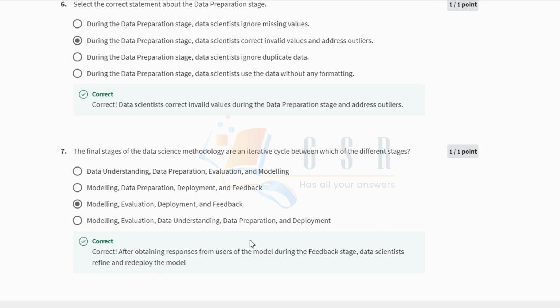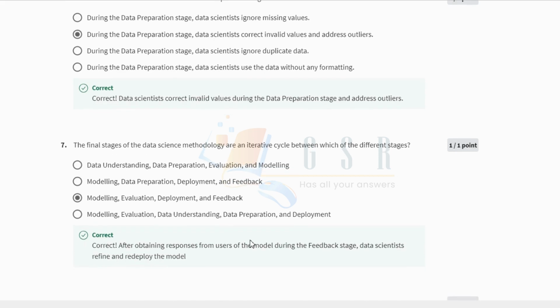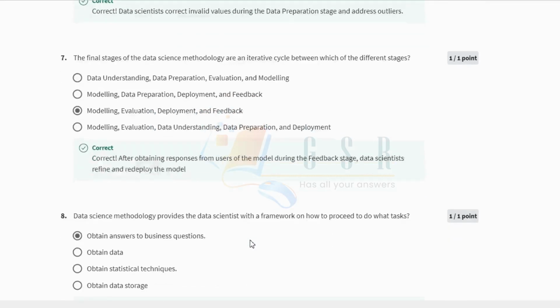You can start from modeling since you have deployed a model and you got the feedback that the model is not working as expected. So you are going to change something in model, then again you will have the evaluation of the model, then you will deploy it, and then again feedback will come. So this is a life cycle which will go on until it is perfected in a way. So that is what they are discussing here.